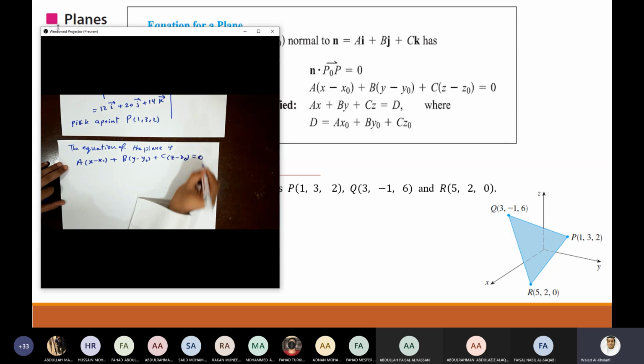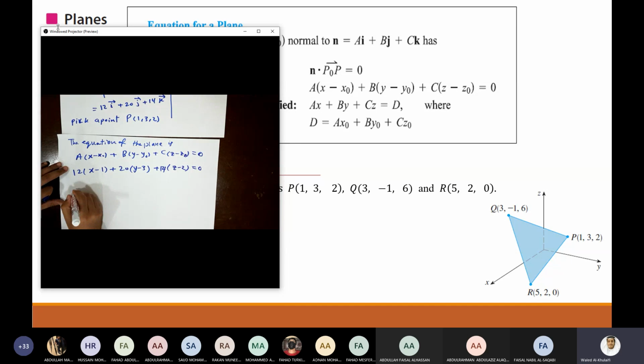So a, b, c are the components of the vector that we found. We have 12 x minus 1, I pick the x naught from the point, plus 20 y minus 3 plus 14 z minus 2 equal to 0, and then you just simplify this. We get 12x plus 20y plus 14z equal to a constant.